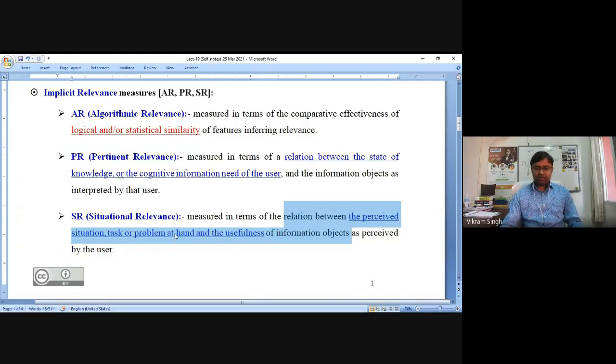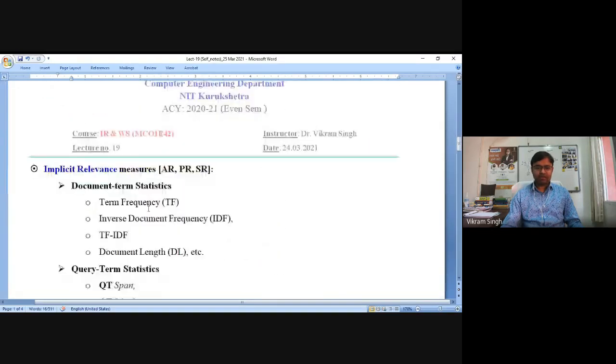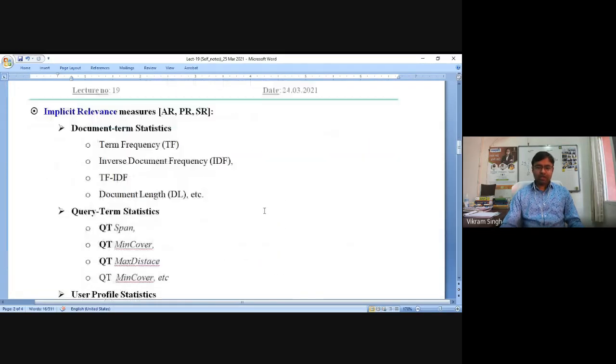So let's go into these three types of measures with some examples. In the implicit relevance measures, these are the typical metrics, formulas or parameters which can be adapted and are widely available.